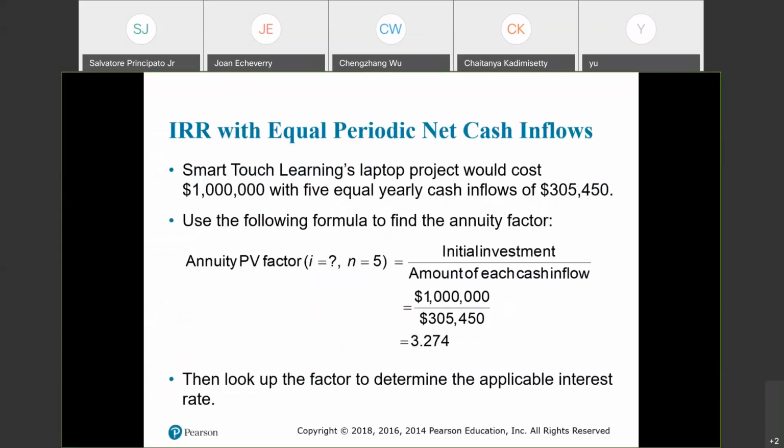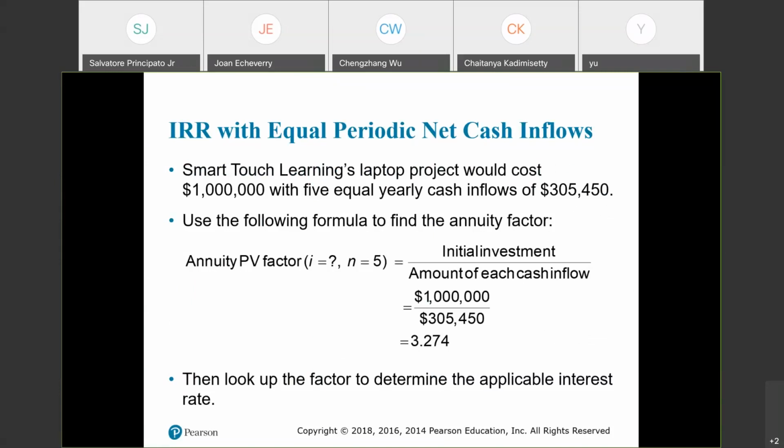As I said, IRR is the interest rate that makes NPV equal to 0. In calculating the NPV, before the calculation, we already know what the interest rate is.